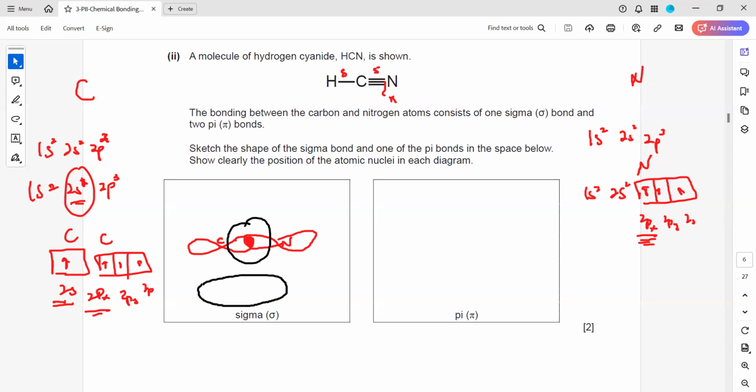Here is the carbon nucleus, and here is the nitrogen nucleus. In between, as you can see, the width of the electron density cloud is greater, which shows the possibility of finding the electron is maximum in this region. Is it clear?